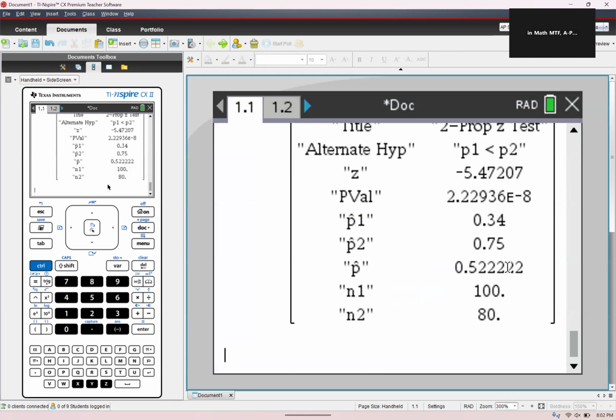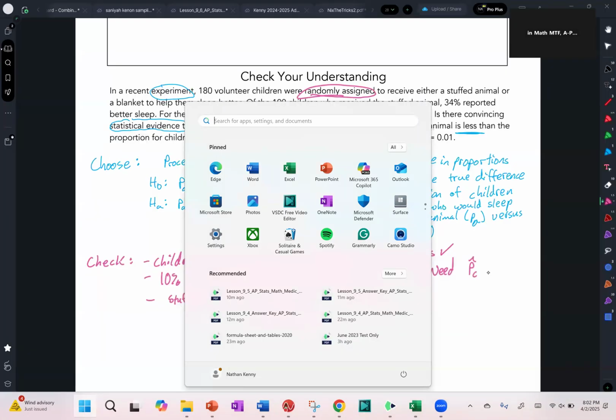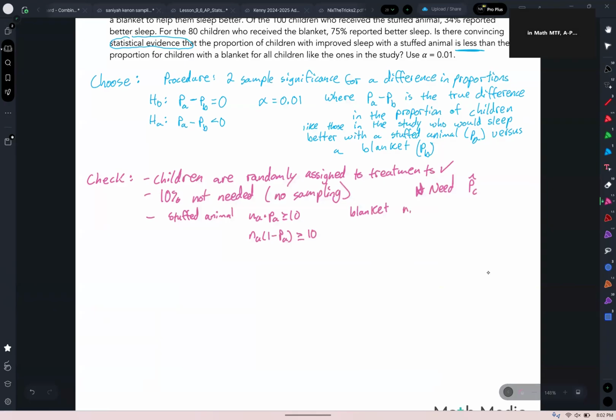And remember, right there, 0.522, that is my combined p hat, right? We've got p1 hat, we've got p2 hat. I've already got p hat. Now I've got all the other good stuff in there, so that's good. But there's my combined sample proportion. It would have been nice if we could do the p hat of B and p hat of A, but I don't have that.